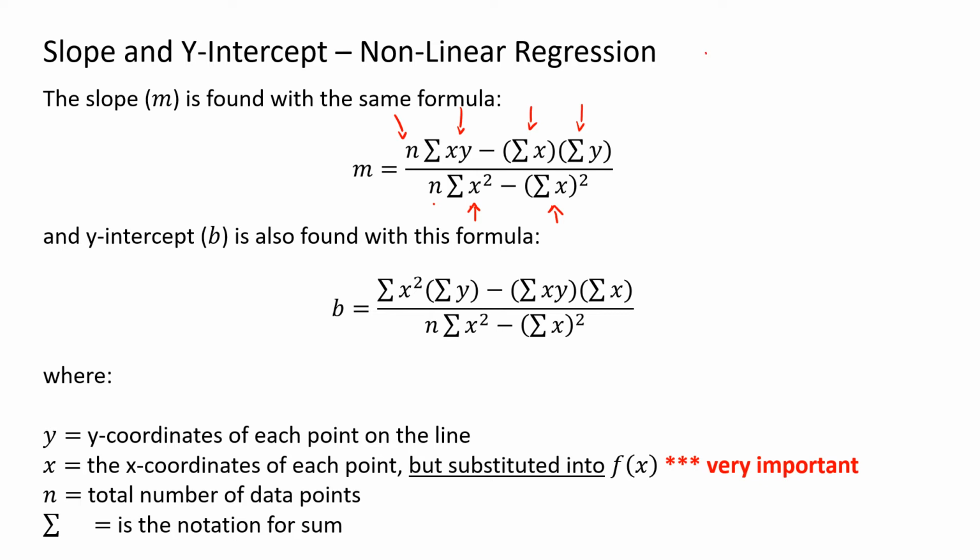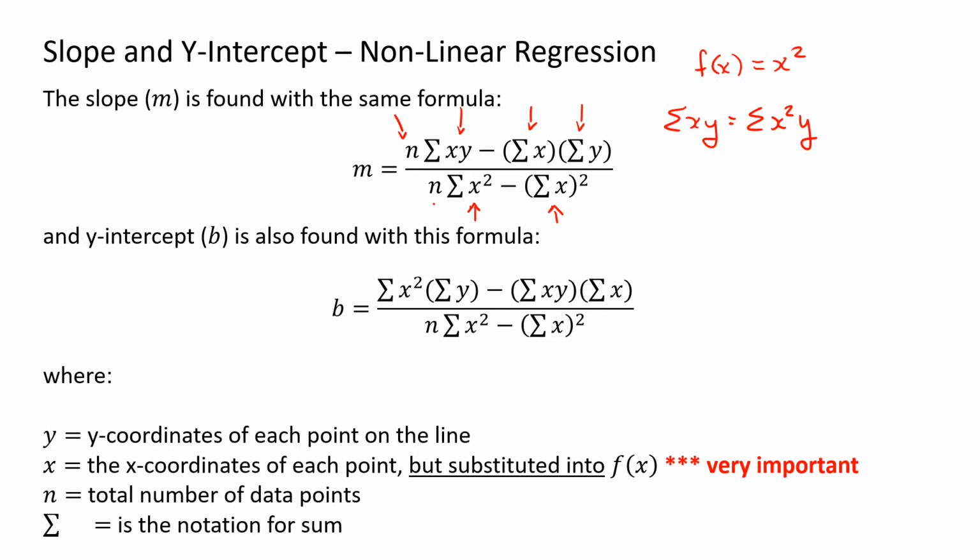So for instance, if f of x is x squared, then your sum of xy term would become the sum of, instead of x, x squared times y. Because you are not graphing a straight line, so it's not just x there, it's whatever that function is.